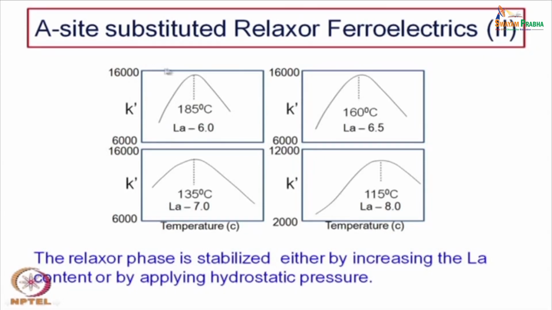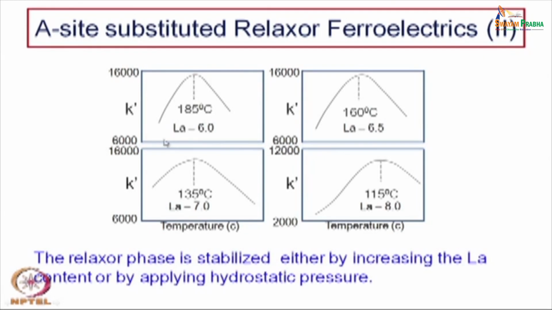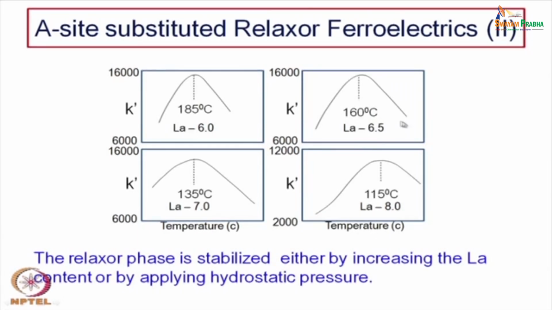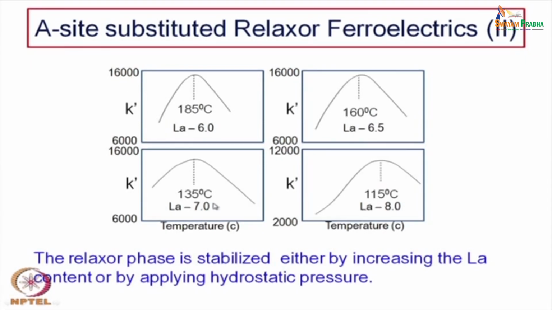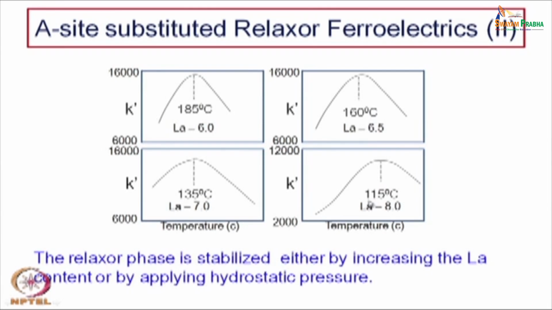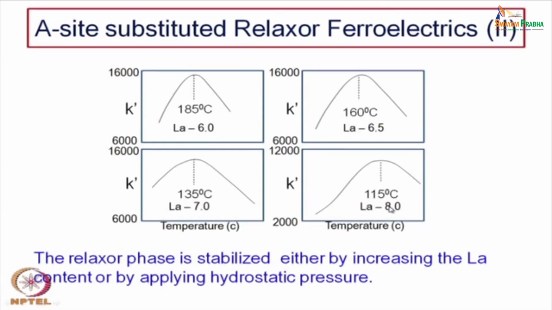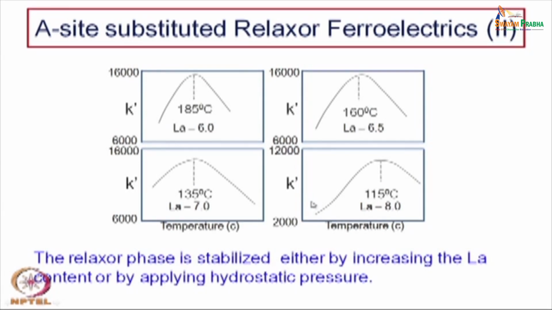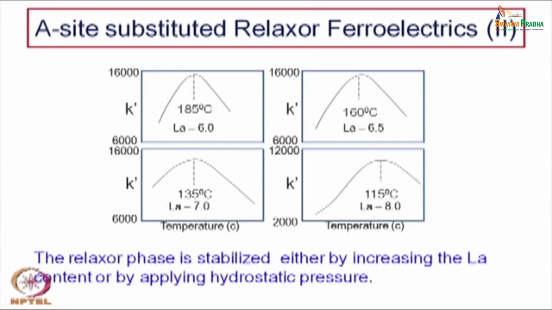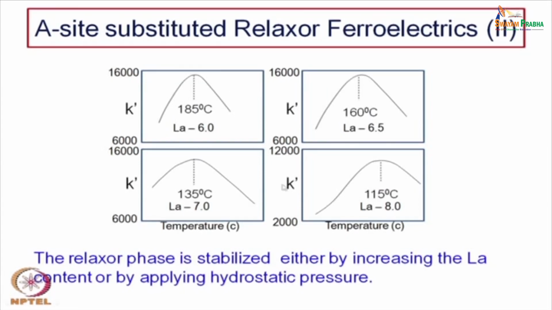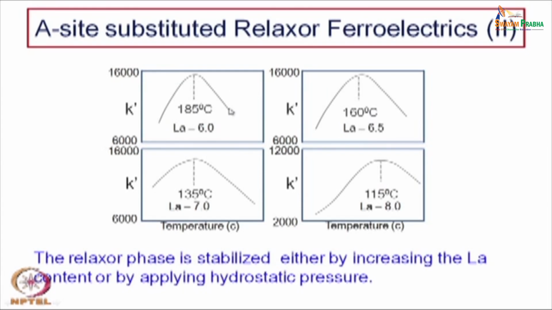So, here this is La 6 atom percent, this is about 6.5 atom percent, and this is lanthanum 7 atom percent and 8 atom percent. So, as mentioned, X can vary between 6 and 12.